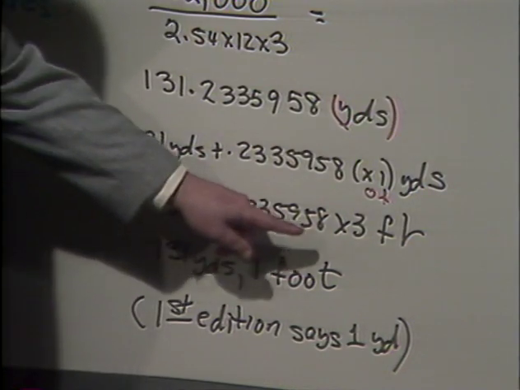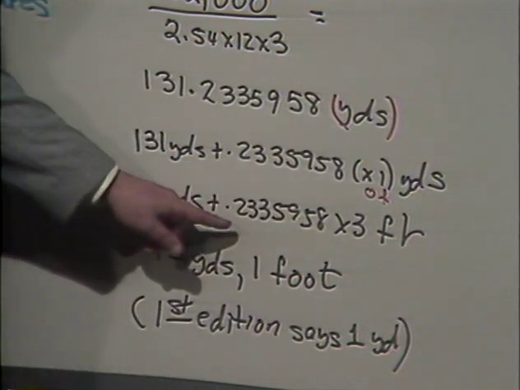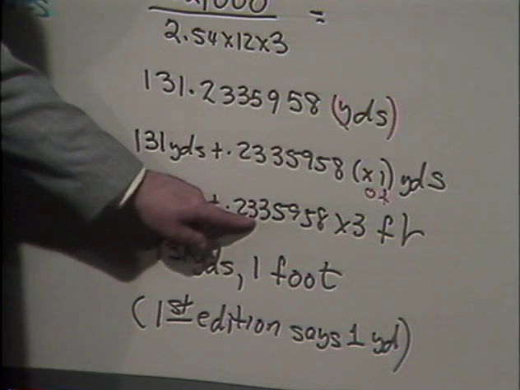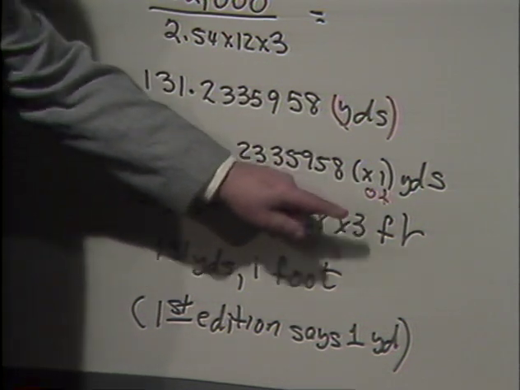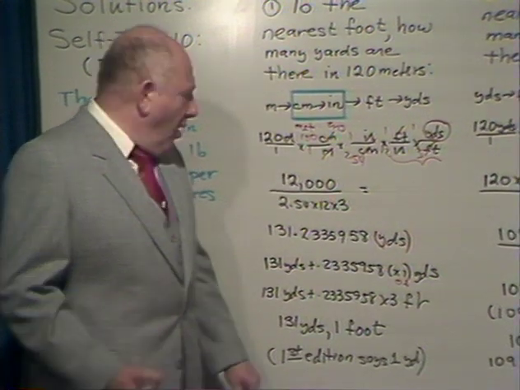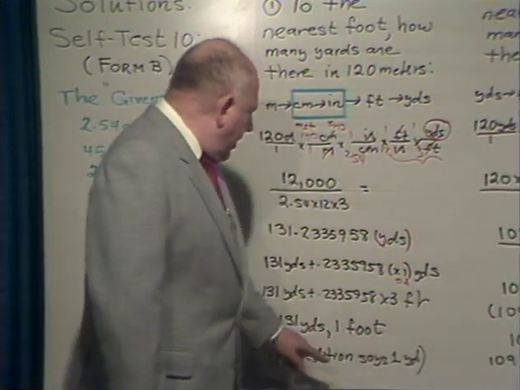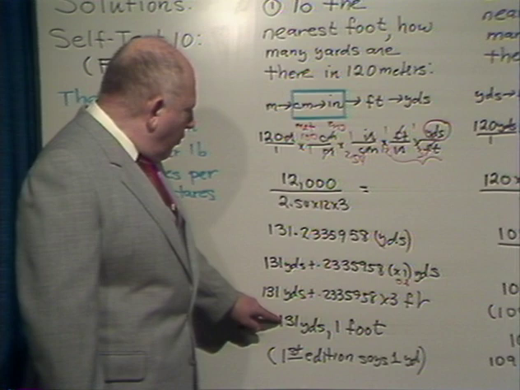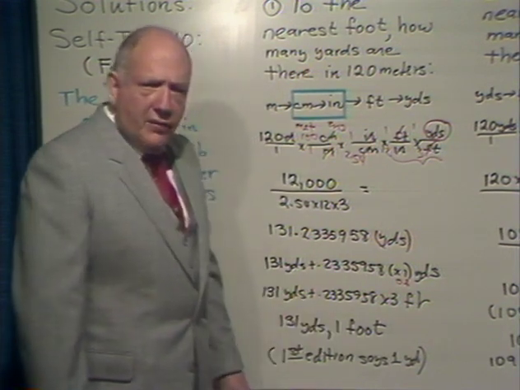And when I multiply that out, I don't even have to use the calculator for that. See, this is 0.23. Forget the rest. 0.23 times 3 is 0.69. That's more than half a foot, but less than a whole foot. So to the nearest foot, I have what? The 131 yards plus 1 foot left over.